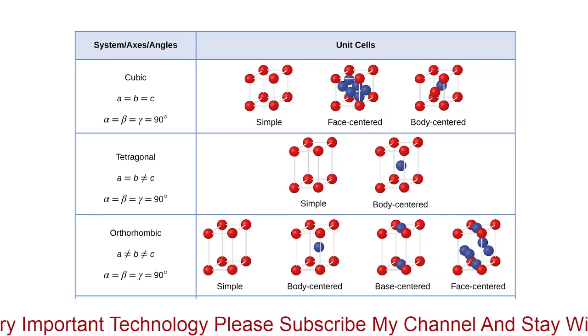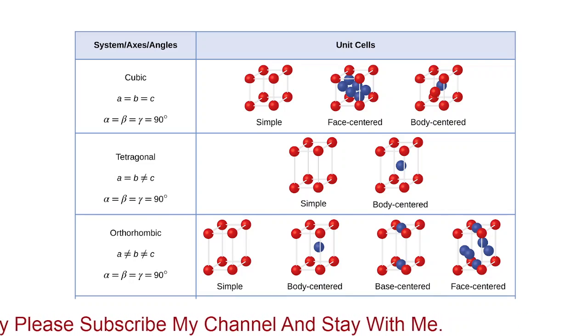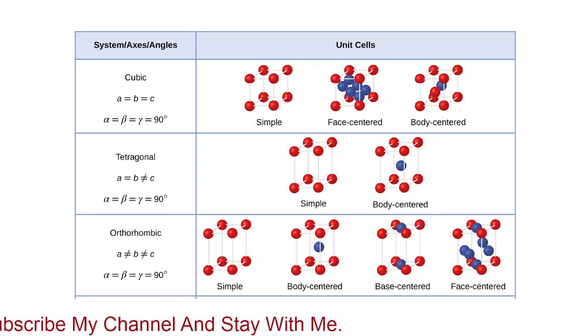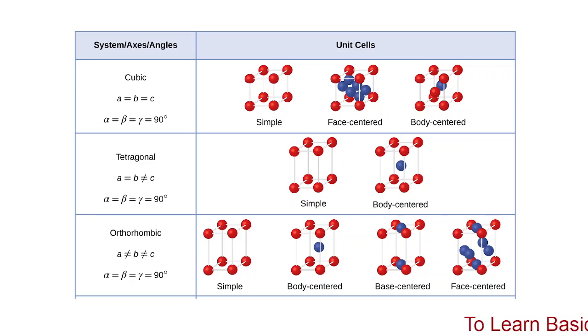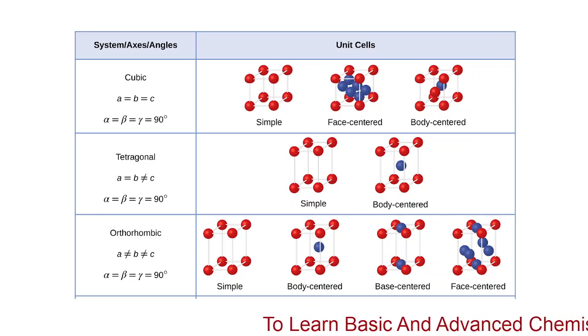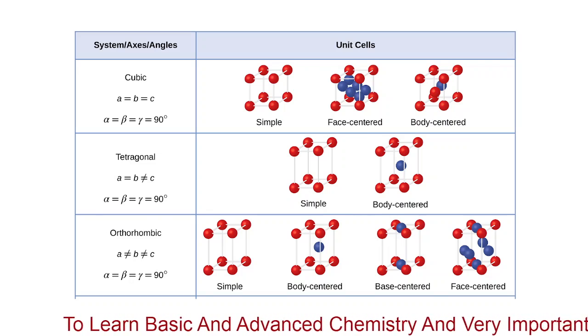So one surface, and if we rotate to another side, we have another surface, 1 2 3 4. So that is the simplest structure, and already we have mentioned we can have only one atom. Can you remember what was the atom that has the simple cubic structure? Anyone can remember?